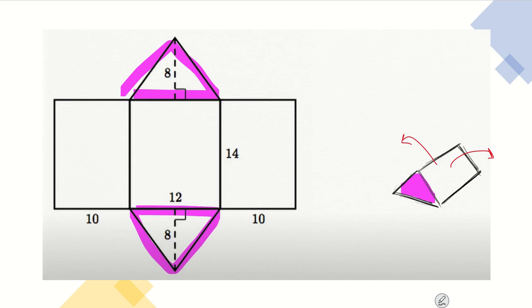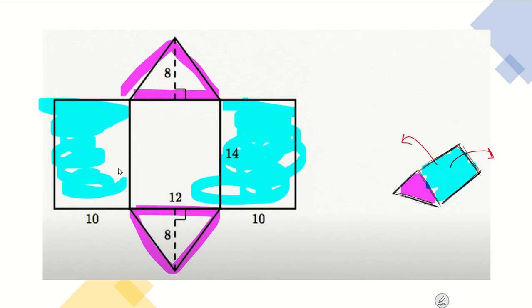If we want to color code, I could color code the rectangular faces. That would be these, right? Oops, I can't color inside the line. And then the base, what we can't see in this picture, right? That base is this right there.